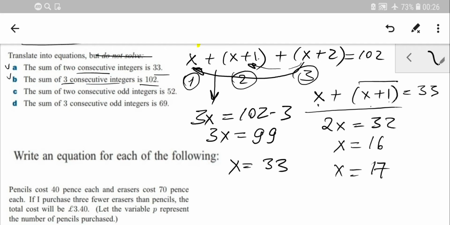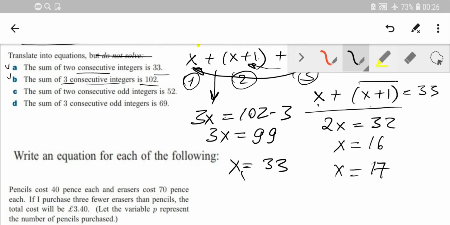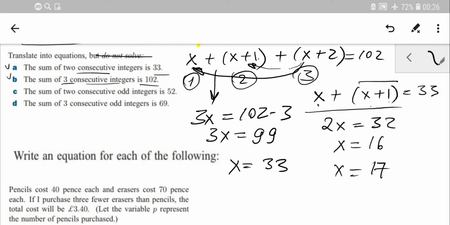So actually, the idea about dividing by 3 and playing with numbers, like doing mental math, leads you to x first is 33. So what about the second? x plus 1 is 34 and 35. If you add them up, you can check the result. You should get 102. All right, so B is also completed.